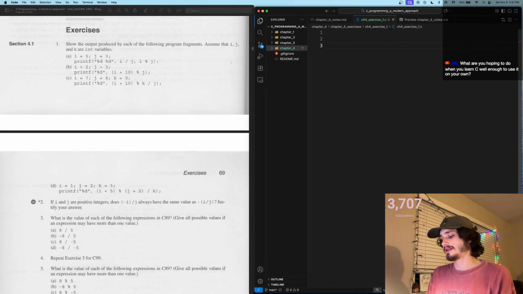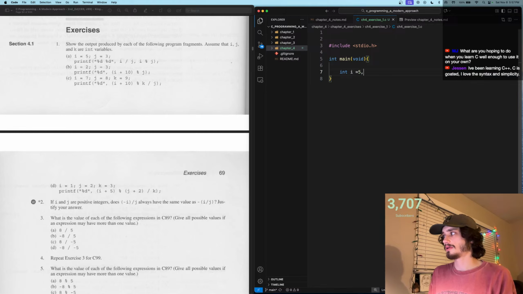So let's include our standard io.h header file. int main, and then we're going to say void here. Let's say int i equals 5, and j equals 3. Okay, let's see what we can do here now.